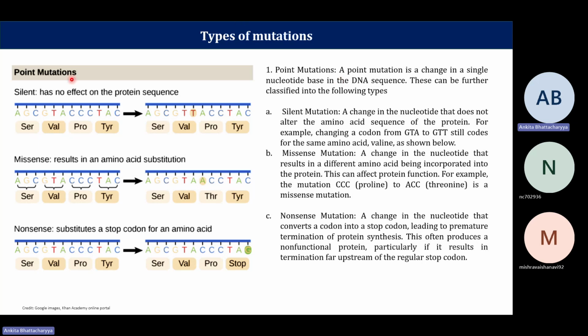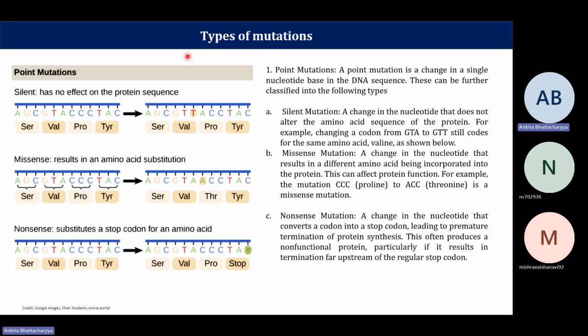Example shown here basically shows you valine. In both cases, valine is getting encoded. One has GTA, the other has GTT. Why this is feasible is because of the degeneracy of the genetic code, which is why the same amino acid gets encoded and the mutation effectively gets silenced. The other possibility where the mutation is not silenced and the amino acid is actually altered would be called a missense mutation.